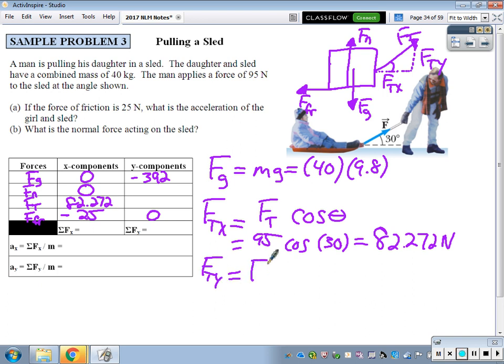FTY, our hypotenuse times the sine of theta. So effectively the same substitution, 95 times the sine of 30. That, again, should be pretty easy for those of us that know our unit circle, but for those of us that don't, that's okay.